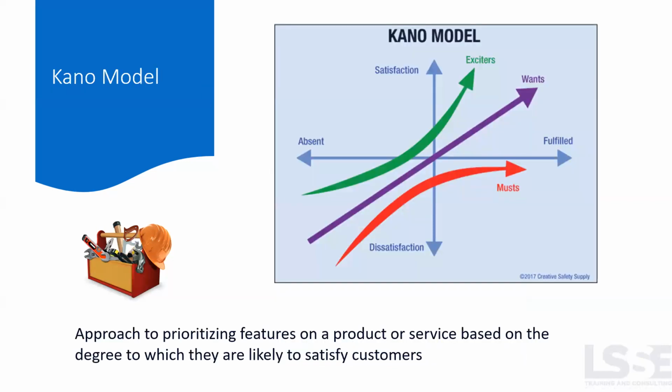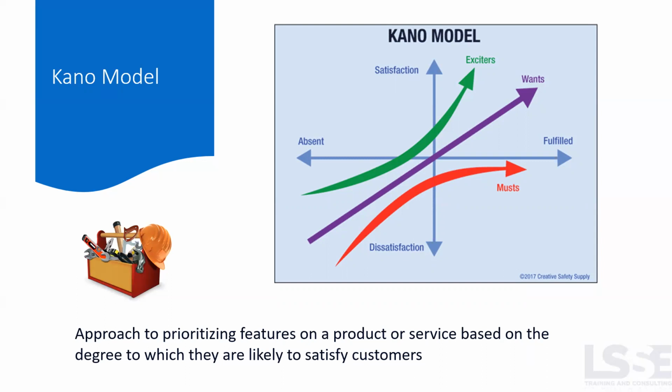Another tool that you can use for the define phase, if you'd like to know more about your customers, is the Kano model. It's basically prioritizing features of your product or your service in terms of how likely they would satisfy your customer.